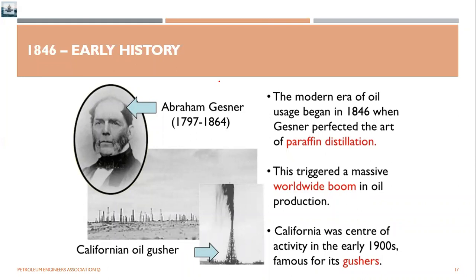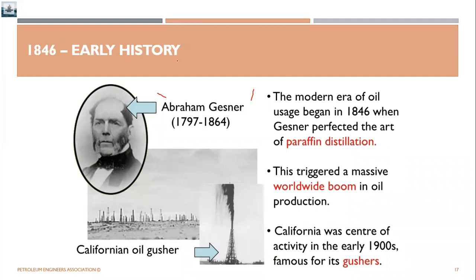It was even before Christ that crude oil was there, but on an industrial scale it was discovered very late. It was a person by the name Abraham Gessner who was the first to realize the worth of hydrocarbons.